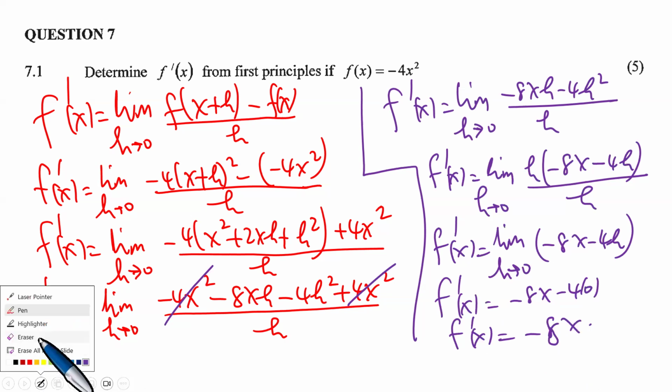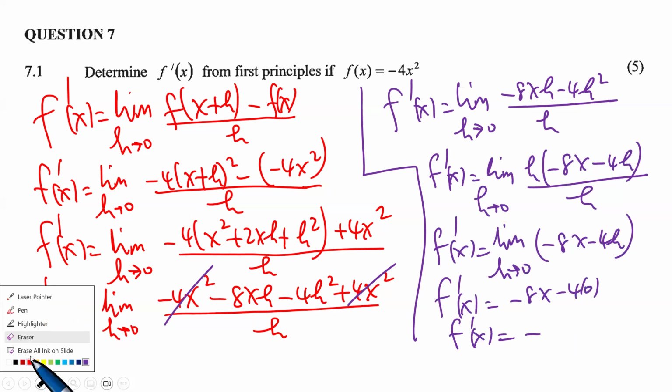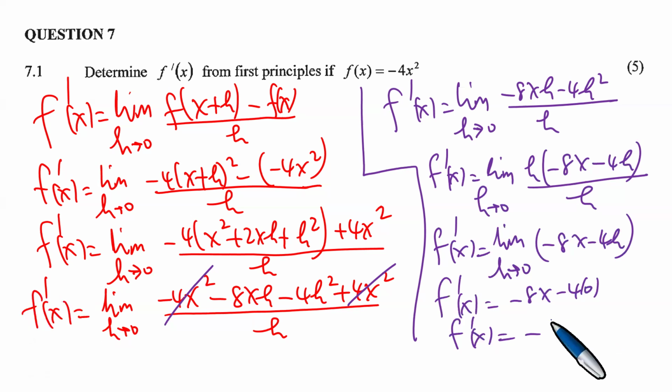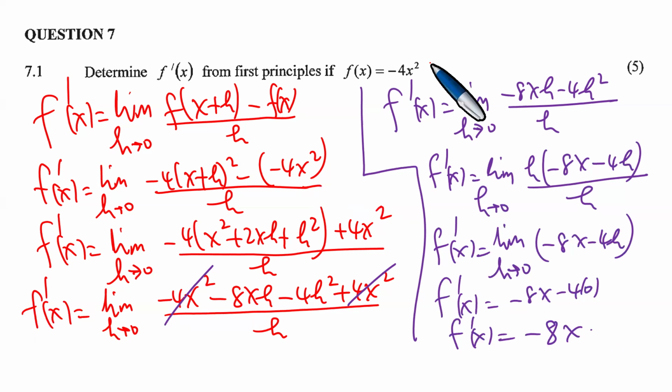Okay, what kind of answer is this? It is telling us that the derivative at any point is actually minus 8x. Obviously we're given minus 4x squared, and this is the result.